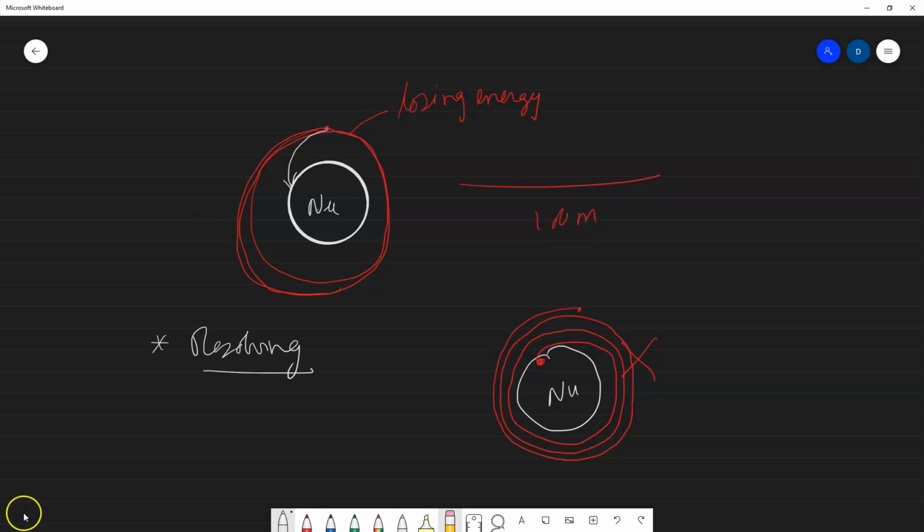The next simple concept you have to make very clear is how the electron is moving around the nucleus. Take for example sodium. Sodium has 11 electrons. Assume that these 11 electrons are revolving around the nucleus.